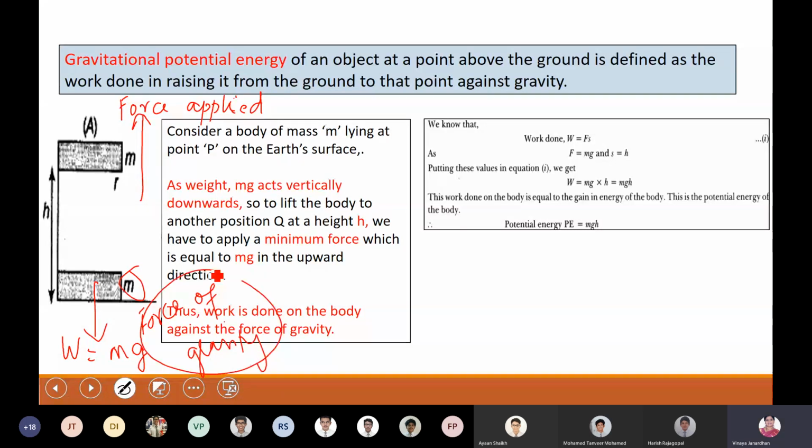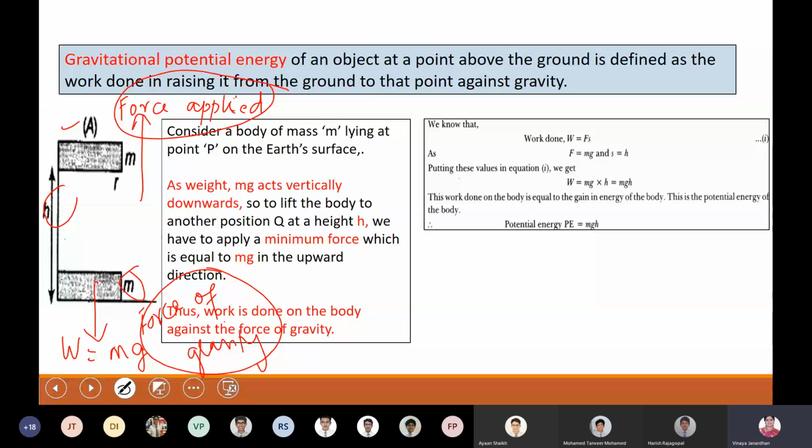Now, I am applying a force against the force of gravity and moving the body upwards to a height h, which means I have applied a force and moved the body, so work is said to be done. You're doing work against gravity. Whatever work you do against gravity will be stored as energy in the body at a certain height, and this energy we call gravitational potential energy.